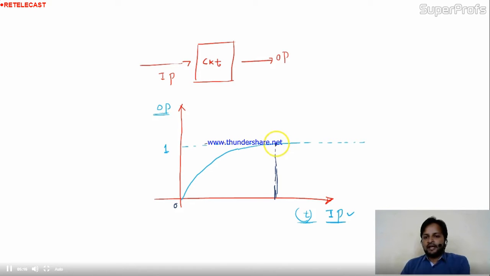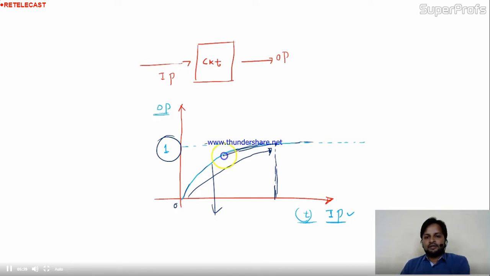But after some time, at a certain point, it becomes constant. So up to here, this is the output, nearly at the output but not exact. The relation of the system is given by this graph.